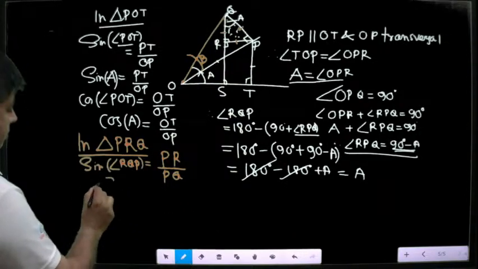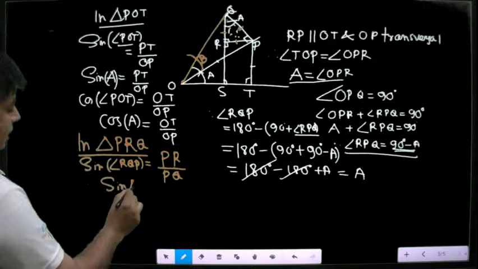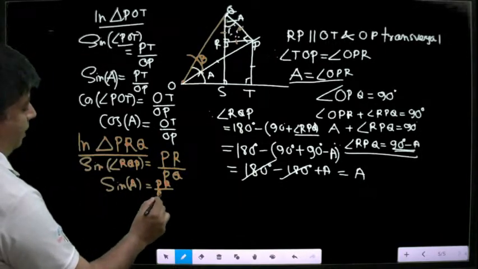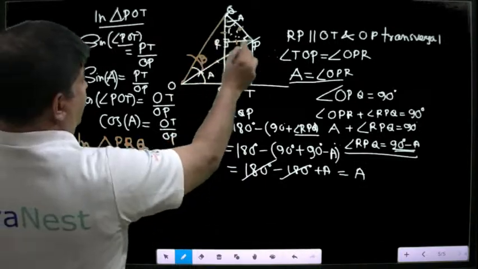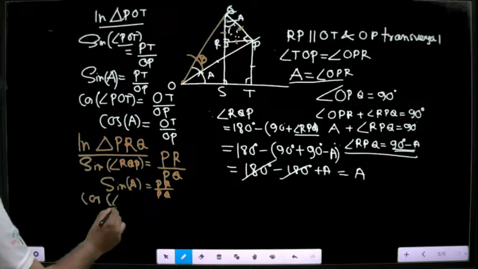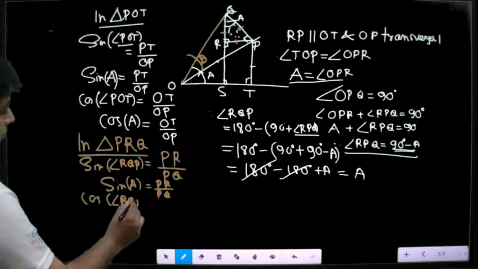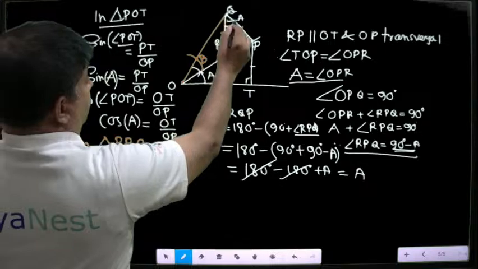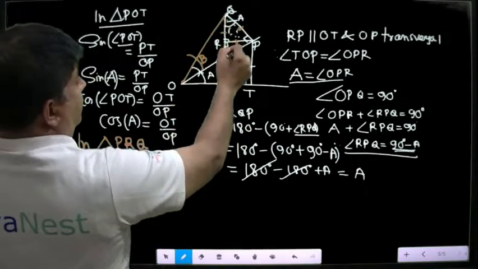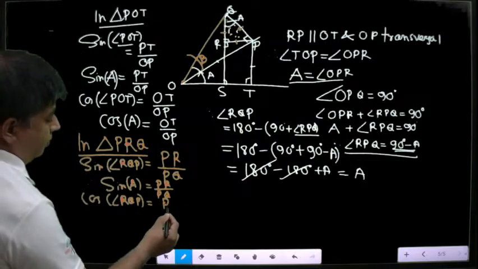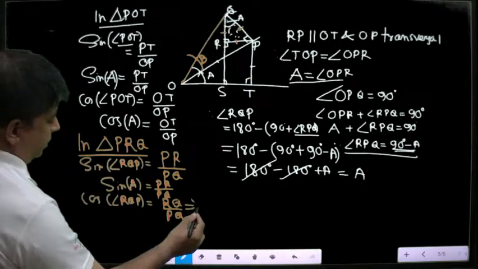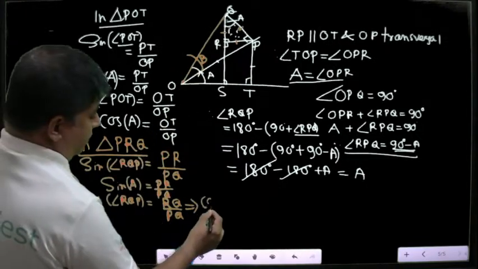So sine A is PR by PQ. Cos RQP is RQ by PQ. Cos RQP means same, cos A.